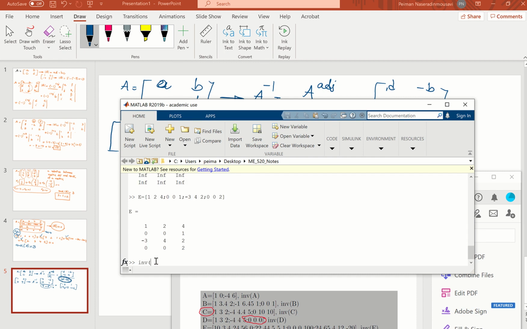If I say inverse of E, meaning inverse of this matrix, what do you expect to see? Oh yes, an error message. It says matrix must be square. This is a non-square matrix, and you're going to see these kinds of matrices many times in the robotics course, guys. How we overcome this problem, I'm going to teach you in the next class. Okay, guys.